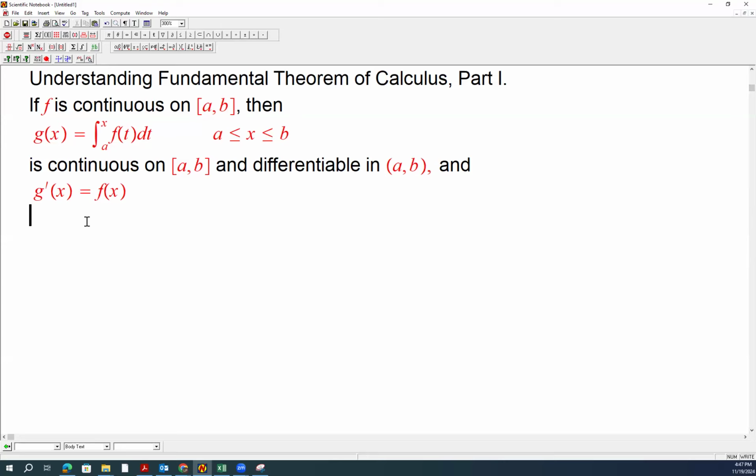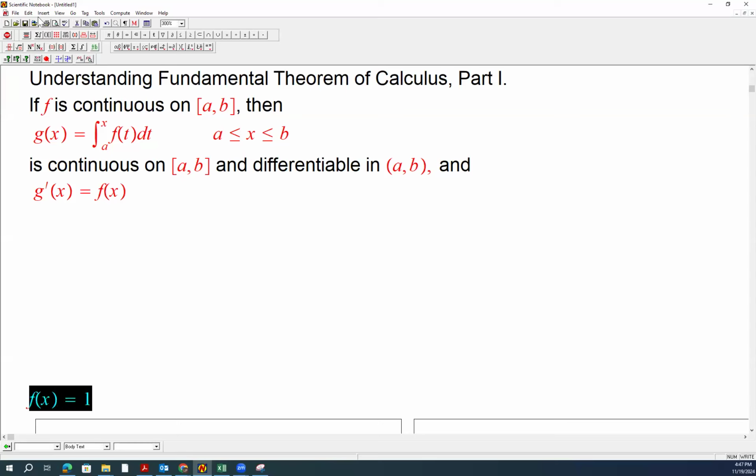Okay, so I'm going to use a couple of examples. The first example I chose is that f of x is a constant. If f of x is a constant and we write it as f of t, that will also be a constant. And really, these two, x and t, are just placeholders, right?